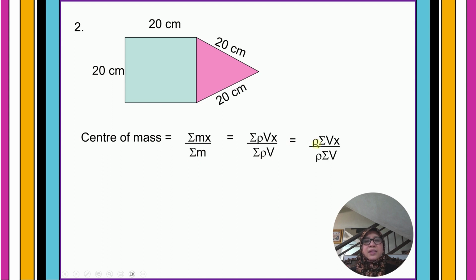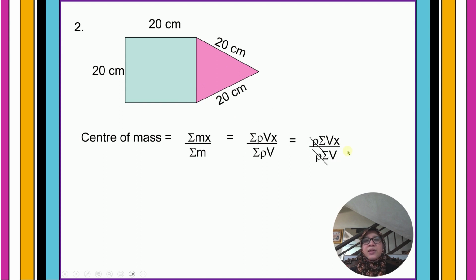The density is the same, so we can cancel out the density. The area is not the same because one is a square and one is a triangle, but the thickness is the same because they are plates.